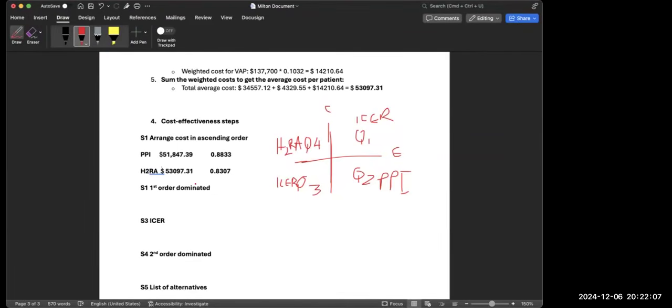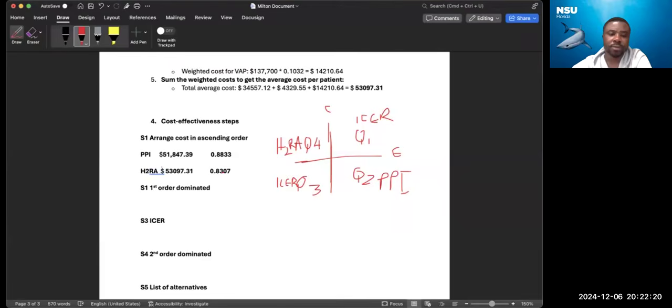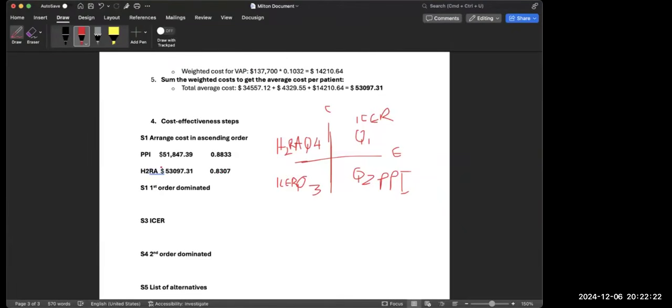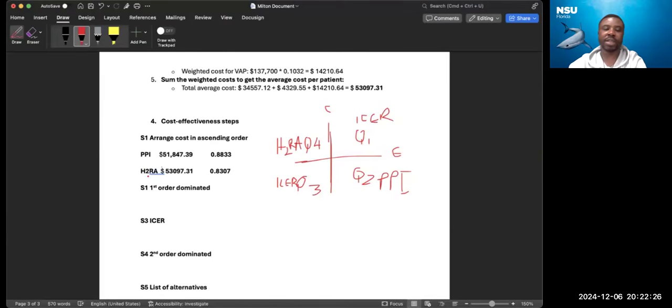The H2 receptor blockers have more cost, but the effectiveness is less. So is it first order dominated? Good, thank you. I've explained that already. I said the H2 array is in the 4th quadrant, which is dominated. So in this case, there is first order dominated.